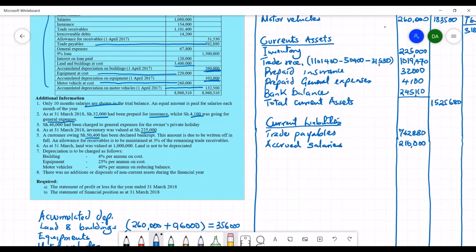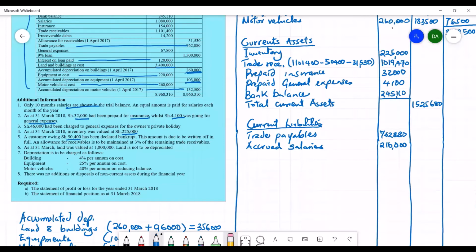And then there was interest on loan. For the interest on loan, a total of 120,000 was paid, but we determined that the total interest on loan, which is 9% of 1.5 million, is equal to 135,000.